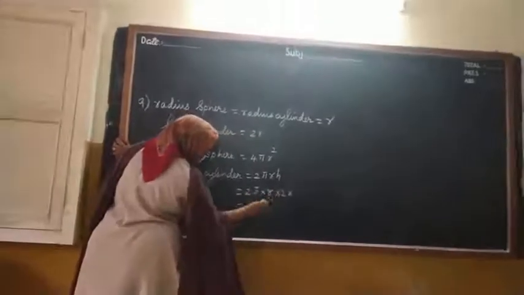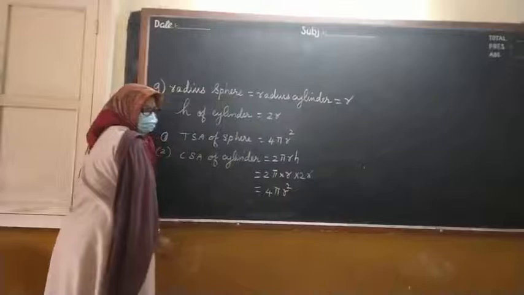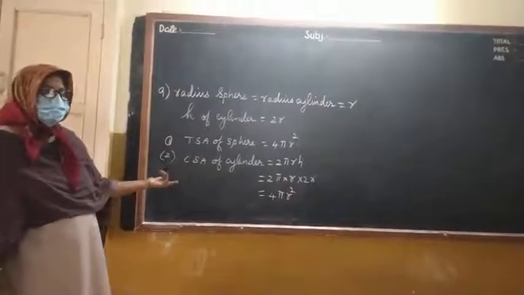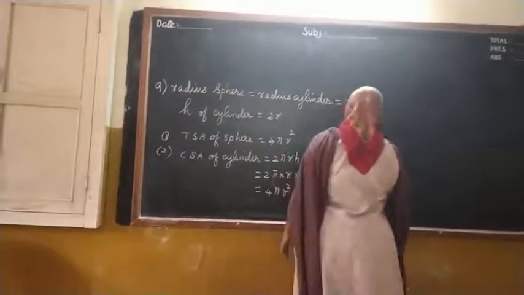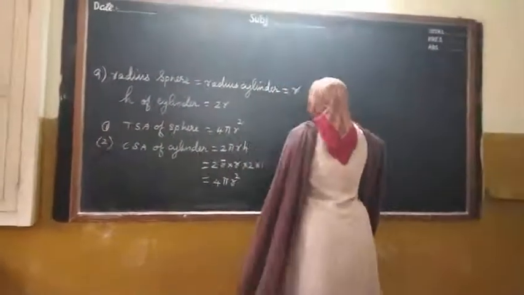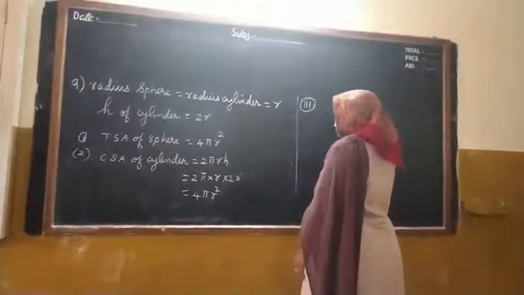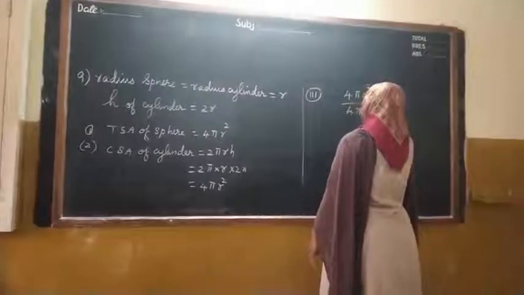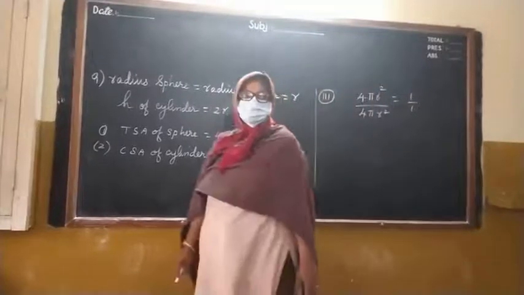So 2 into 2, 4 pi r square it will come. Now the third part is you have to take the ratio, that is 4 pi r square by 4 pi r square. So the ratio is 1 is to 1.